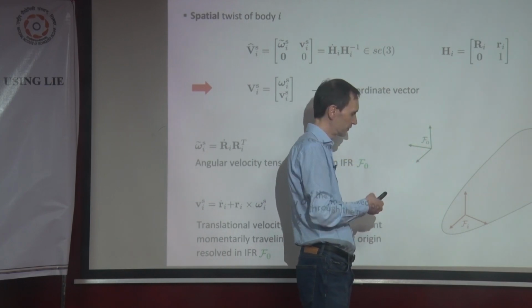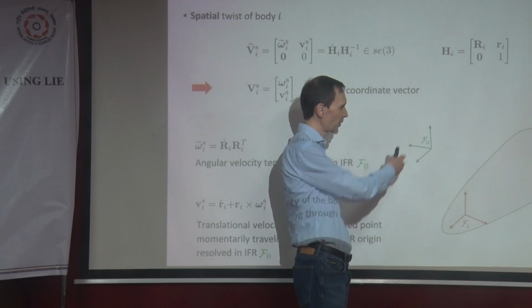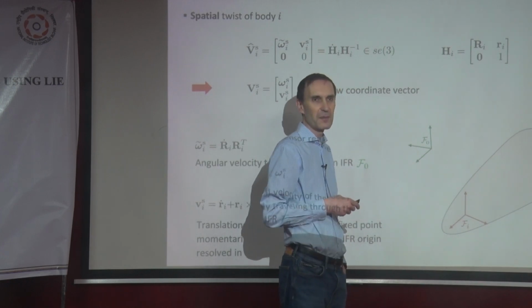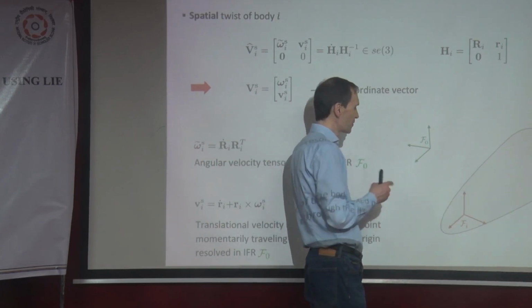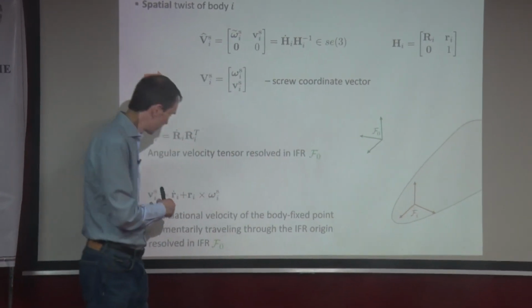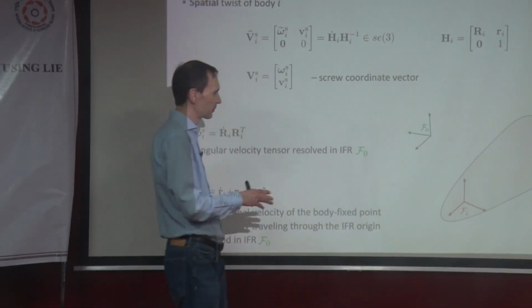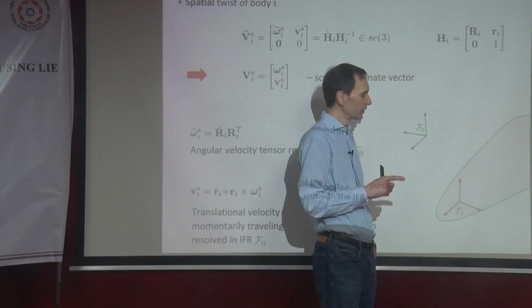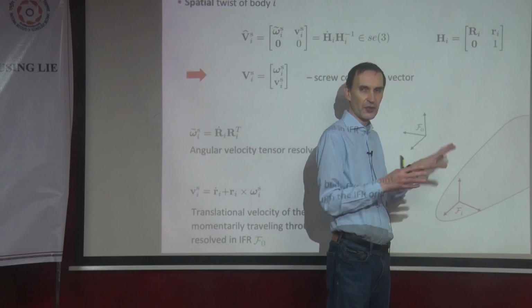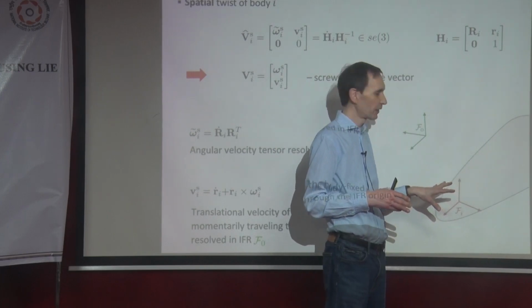But the space fixed frame is not moving. So how could it have a velocity? It's an interesting thing. If you look carefully, you will see that this is actually the velocity of a point that is fixed to the body, because the only thing that is moving here is the body, right?